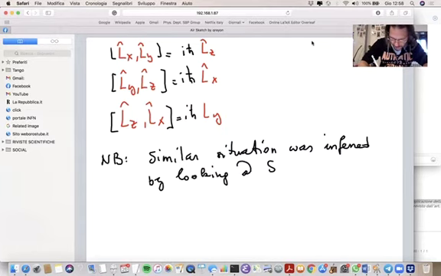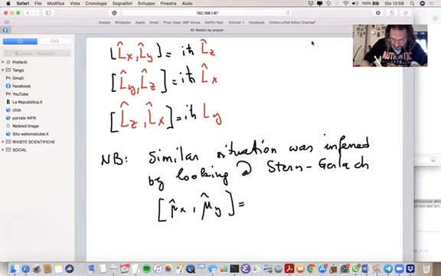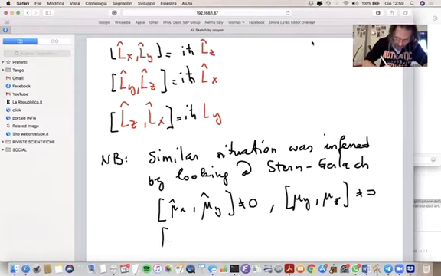at the Stern-Gerlach experiment, where we came to the conclusion that the commutator of mu x, mu y was not zero, mu y, mu z was not zero, and mu z, mu x was not zero.